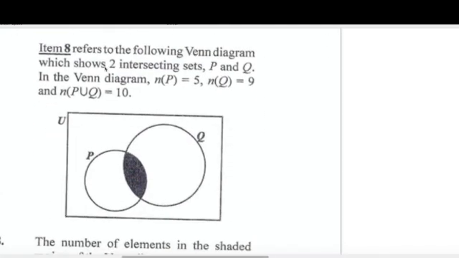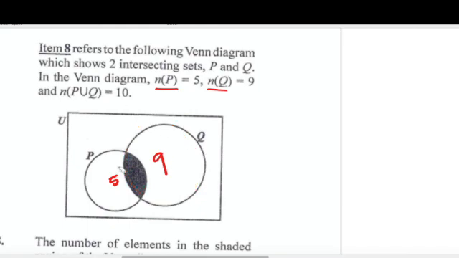Item number 8 refers to the following Venn diagram, which shows 2 intersecting sets, P and Q. In the Venn diagram, the number of elements in P is 5. So that means that in this entire set, we have 5. And then the number of elements in Q we see there is 9. So the whole of Q, that includes the intersection, we have 9 there.